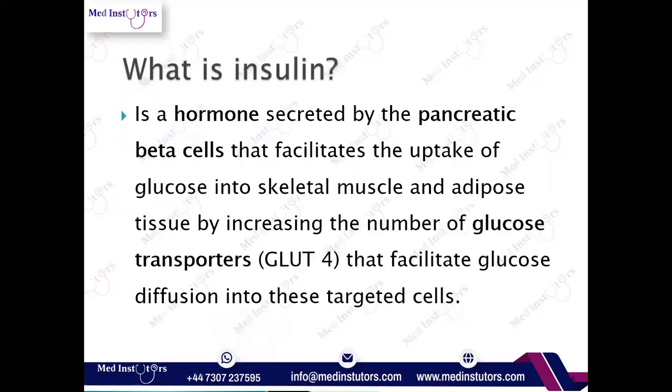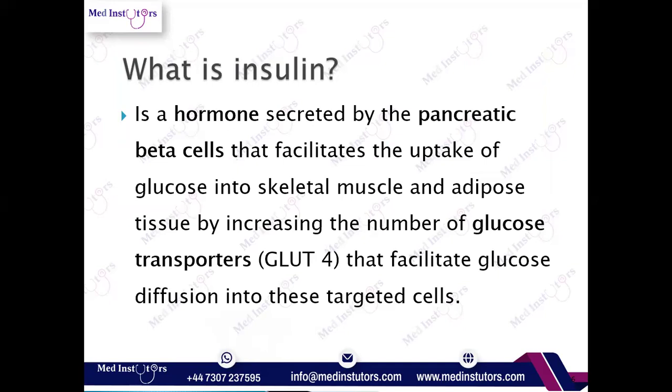Okay, so our topic proper is about insulins. So what is insulin? Insulin is a hormone produced by the pancreas, specifically by the beta cells of the islets of Langerhans of the endocrine pancreas.